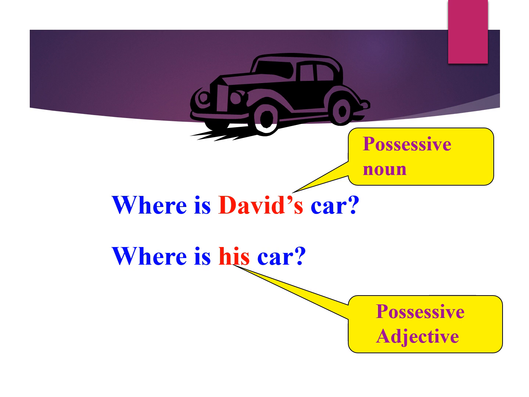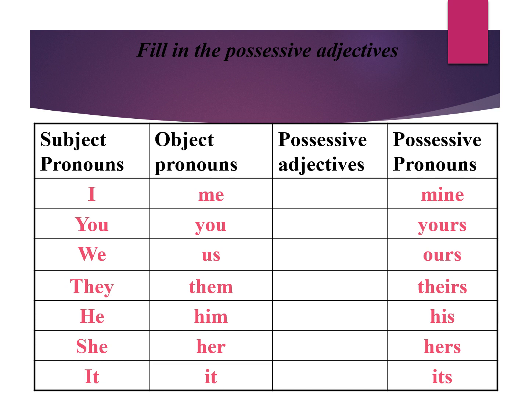Okay, let's take a look at more examples. As you can see here, I have a chart in which I have subject pronouns, object pronouns, and possessive pronouns. And here is where we take a look at the difference between possessive pronouns and possessive adjectives.